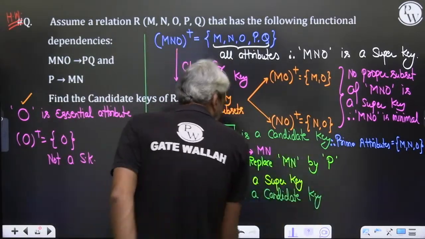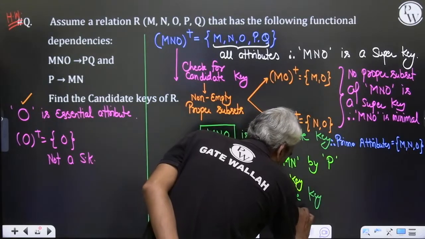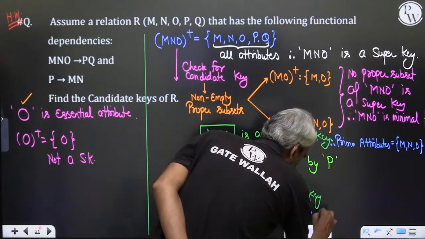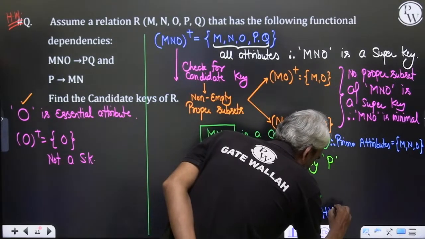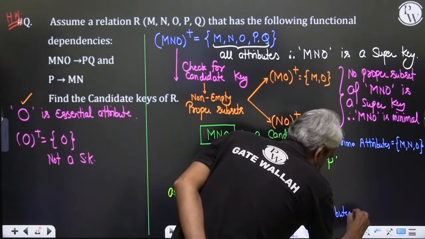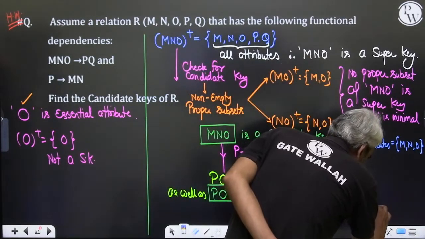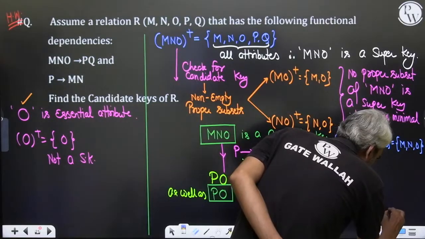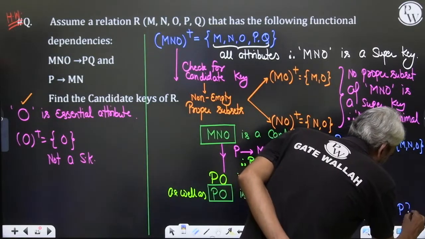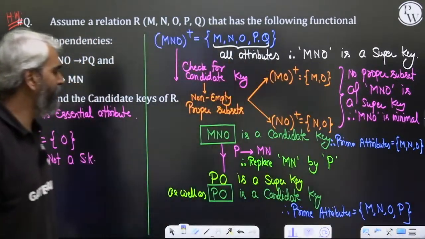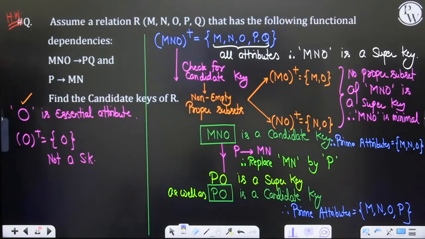After this, what will be the new set of prime attributes? M, N and O were already the prime attributes. Now P is also included in the set of prime attributes. Okay, sir.